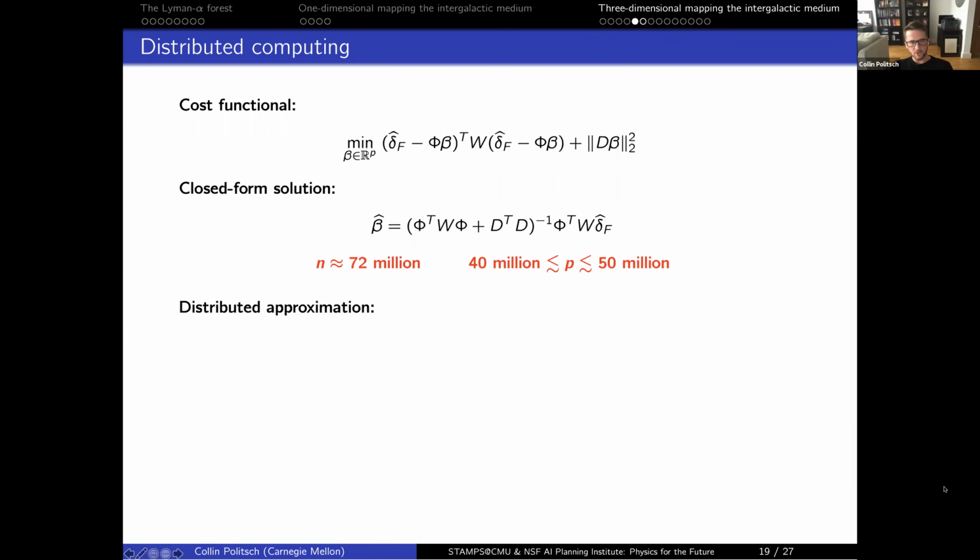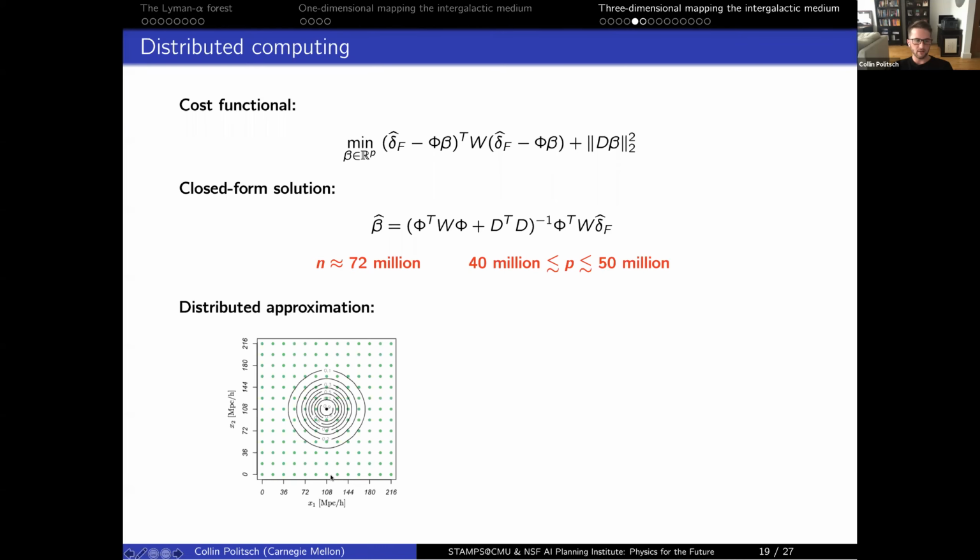So we use a distributed approximation here. The idea of this distributed approximation is to take advantage of this spatial penalty here, that it's never exactly 0 at any pairwise distance, just as an artifact of the ridge regression. But beyond a certain radial distance, the spatial dependence of this process is trivial.